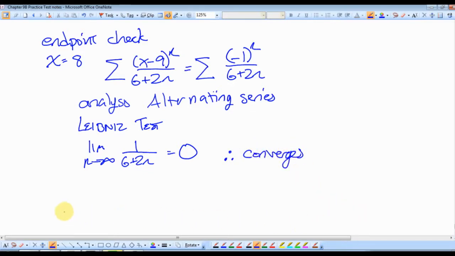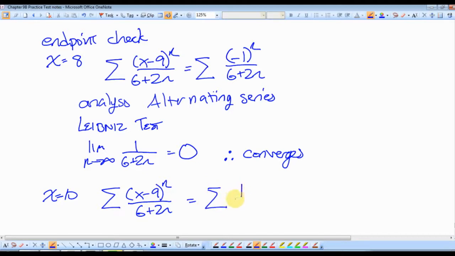Okay, next endpoint is x equals 10. We'll get x minus 9 to the nth power over 6 plus 2n. That's going to turn into 1 over 6 plus 2n. No longer an alternating series.